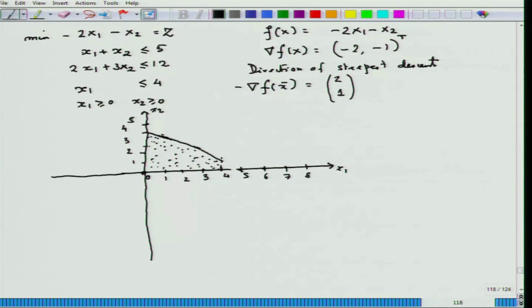So, I can put here something, say this is equal to say 2, 3, whatever, say something, it will be a curve like this, and (2, 1) is my direction of descent. So, it is 2 and 1, 2 and 1. So, this is my direction of descent.